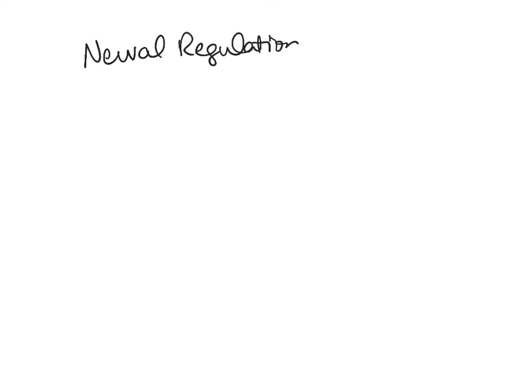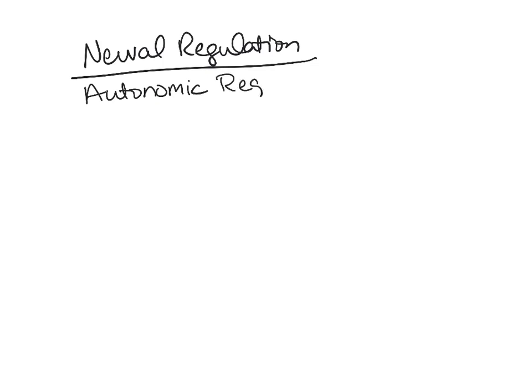So neural regulation is going to be autonomic regulation because it involves the autonomic nervous system. And so the autonomic nervous system will regulate the GFR. So most of the autonomic nervous system innervation of the kidneys is the sympathetic nervous system.